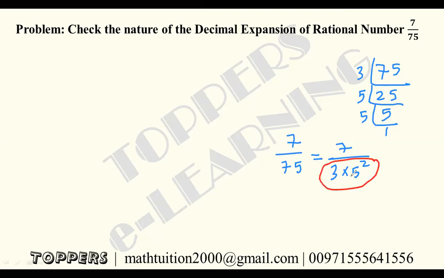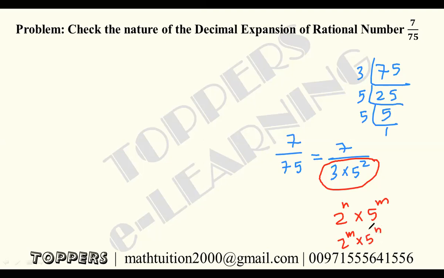The denominator contains 3 and 5, right? But it is not in the form of 2 raised to n times 5 raised to m, or 2 raised to m into 5 raised to n.